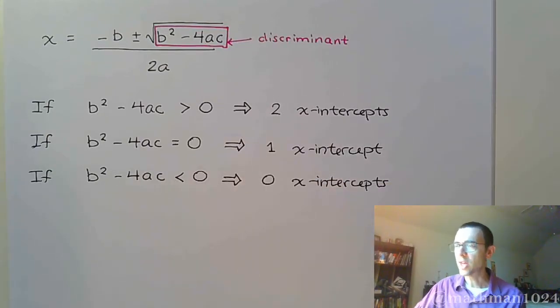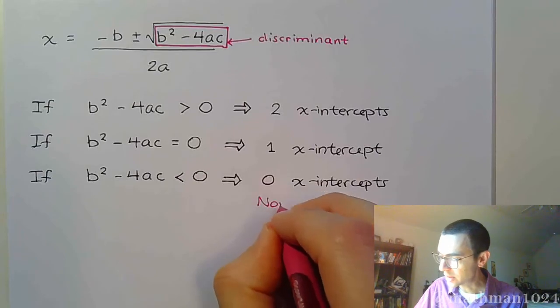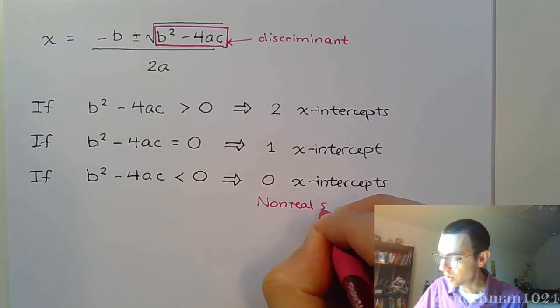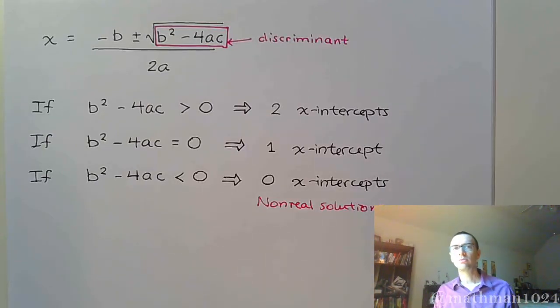Remember, the reason for that is because if you have the square root of something negative, you end up with imaginary numbers. So these lead to non-real solutions from your quadratic equation, quadratic function.